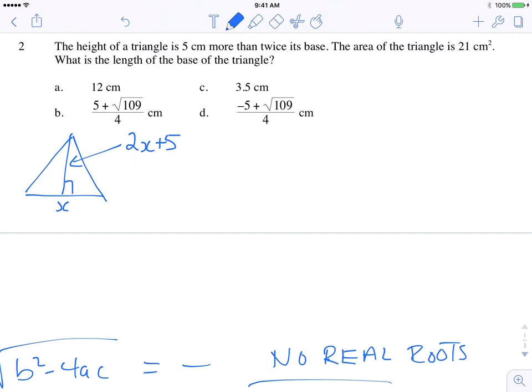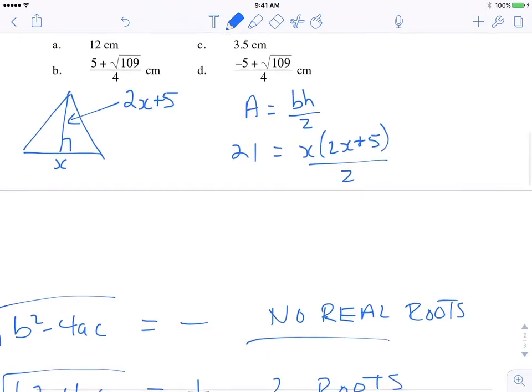So we know the area of a triangle is base times height divided by 2, which in this case is x times 2x plus 5, divided by 2, and the area we know is 21 square centimeters.